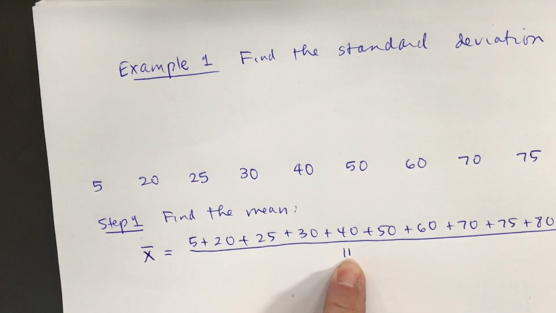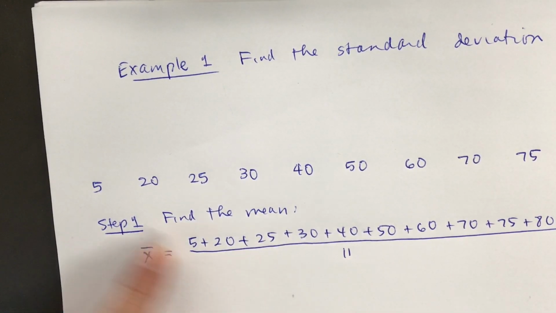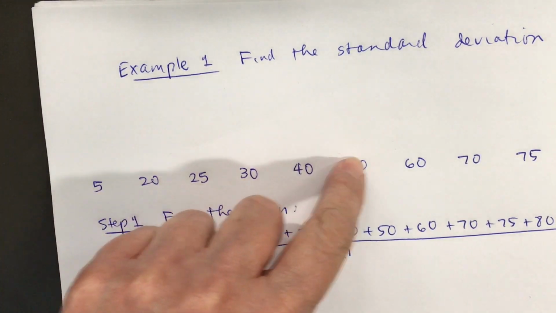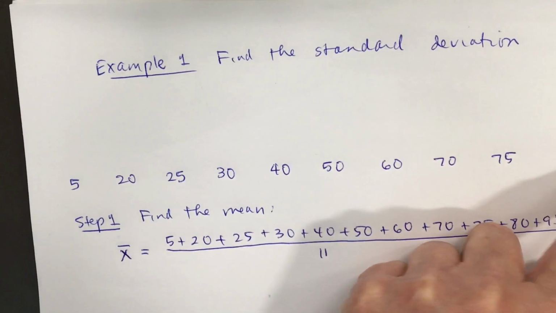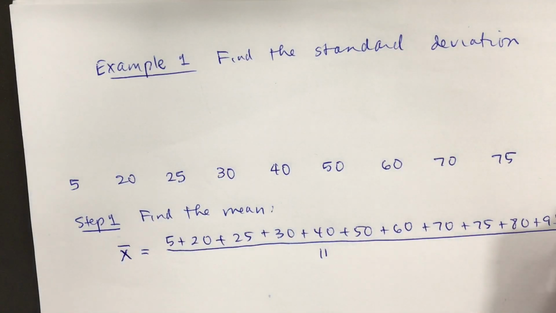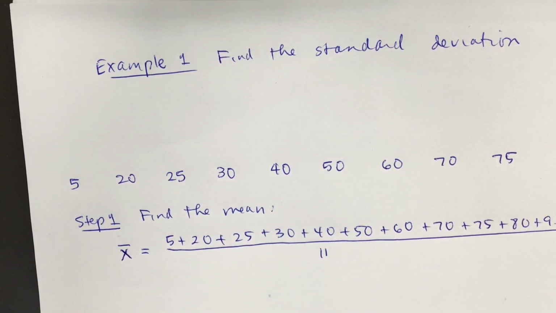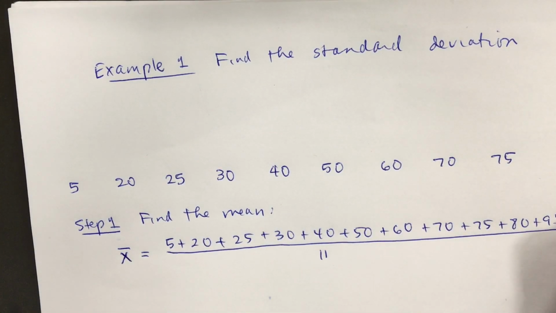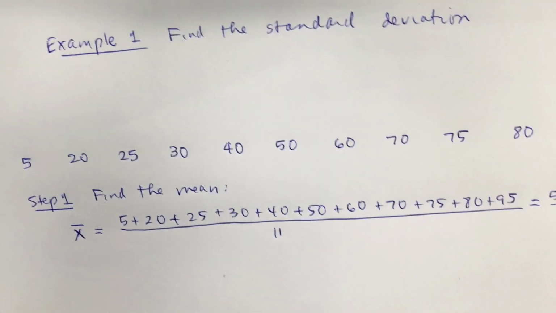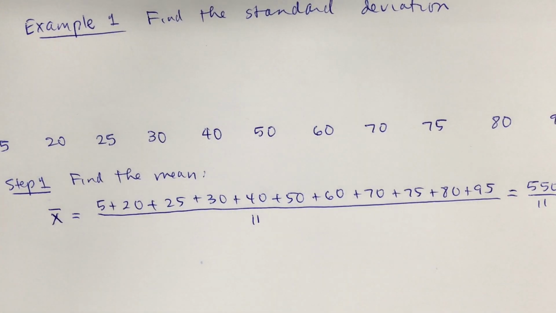I wrote divided by 11. Are there 11 scores? 1, 2, 3, 4, 5, 6, 7, 8, 9, 10, 11. 11 scores. If you add up the numbers in the numerator, you will get 550. Divided by 11, the mean is 50. Step number 1, find the mean.